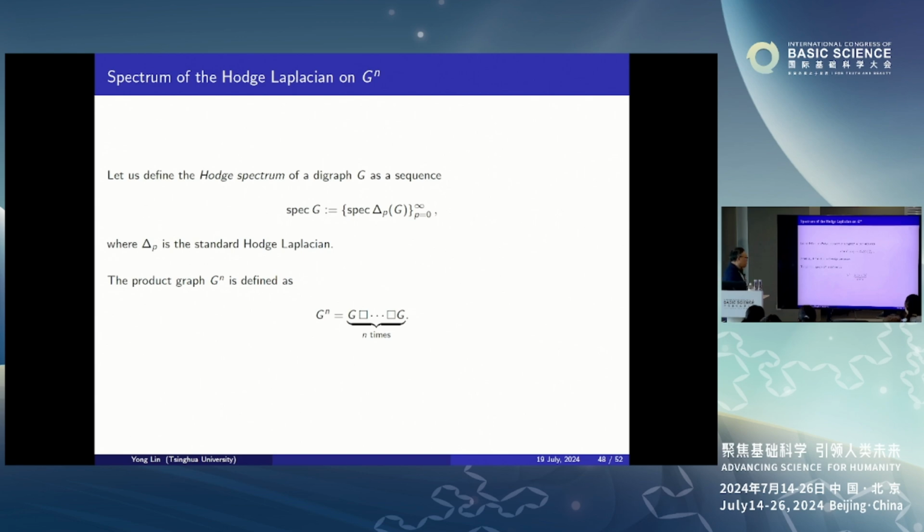Because even if the graph is finite, you can construct some special graph for which delta P is not trivial for all P. So we still need this spectrum from P equal to 0 to infinity to denote all the spectrum of this.